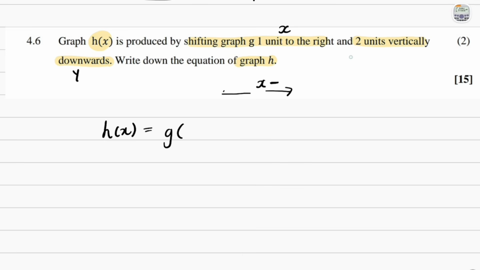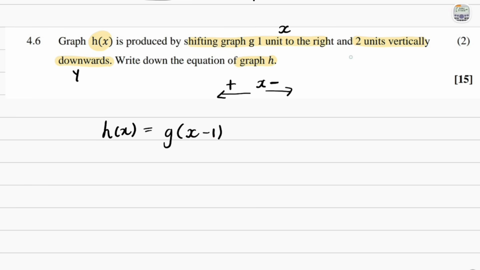And if you're moving to the left, you're going to add. So this is moving 1 unit to the right, meaning we're going to take that x value and say x minus 1. And then it moves 2 units vertically downwards. So the entire graph, as a result of substituting that x minus 1, that's going to give you your y values. You're going to take that and move down by 2 units.